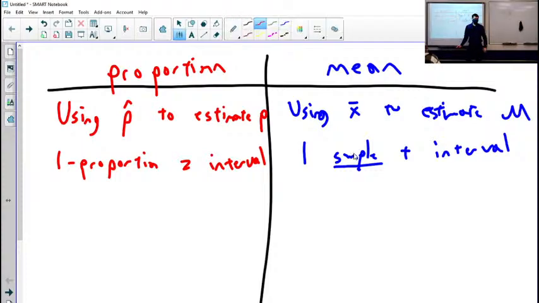The reason we're using this naming convention is that we're going to match what the calculator calls it as closely as possible so that you can easily find it in the calculator. You're not memorizing a different name than the calculator and then having to memorize something different to find in the calculator. The only one this doesn't apply to is that this is just called a T interval in the calculator. Over here, the big difference is that we are doing one proportion. So instead of sample, if it's proportions, we're going to put proportion.